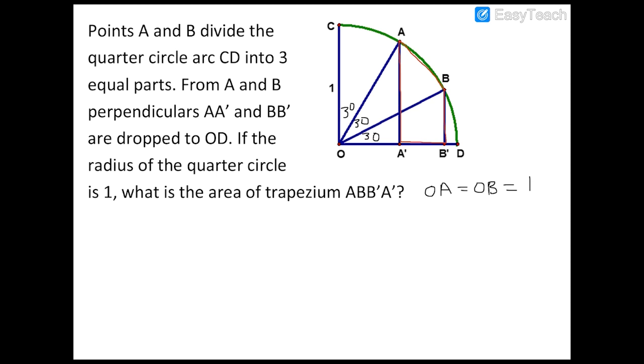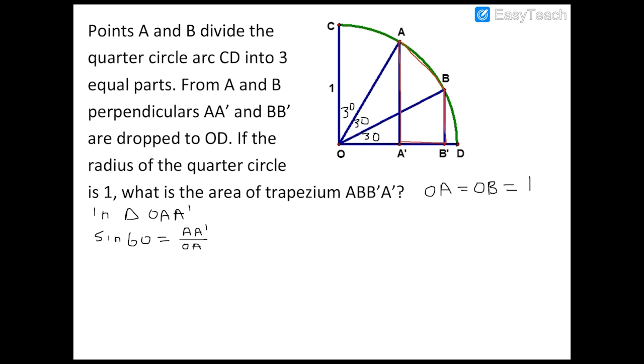Now, in triangle OAA prime, remember this angle here is 60, this is the triangle we are talking about. The angle here is 60, the opposite is AA prime. So sine of 60 will be equal to AA prime divided by OA, but we know that OA is 1 already.